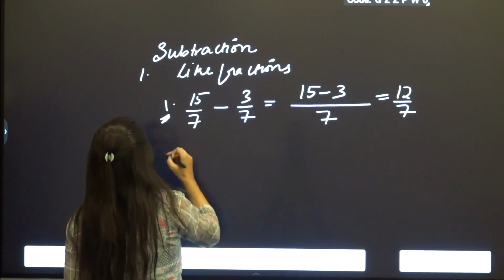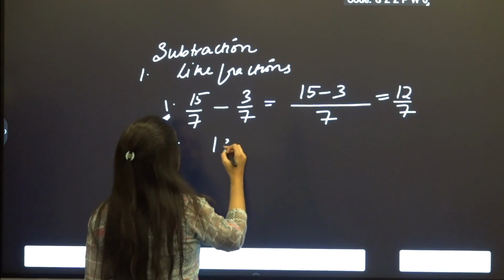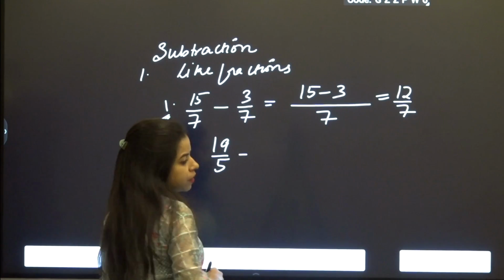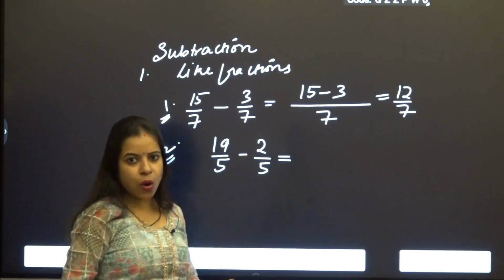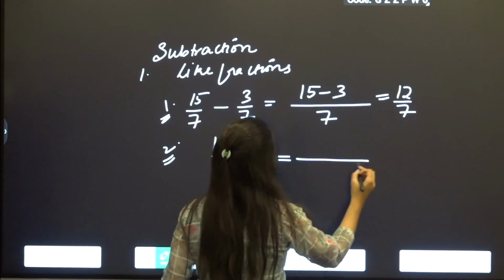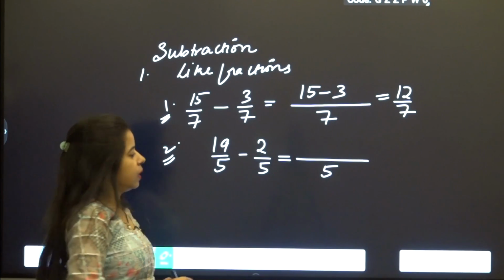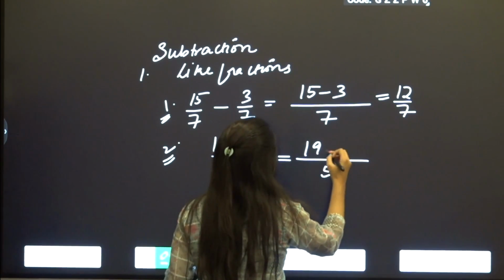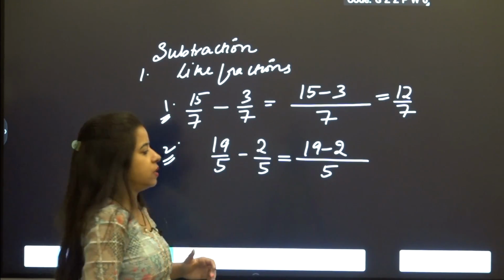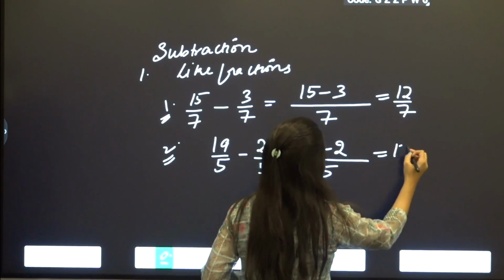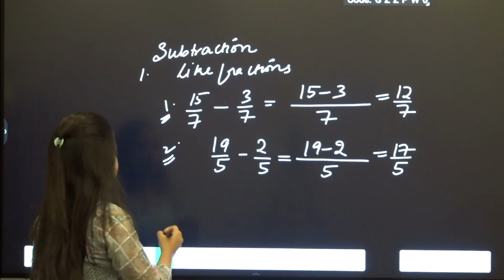Let us take another example. Say 19 by 5 minus 2 by 5. Again the common denominator is 5. So in the denominator we are going to write 5, and in the numerator just simply subtract 2 from 19, and we are going to get 17 by 5. Let's take another example.